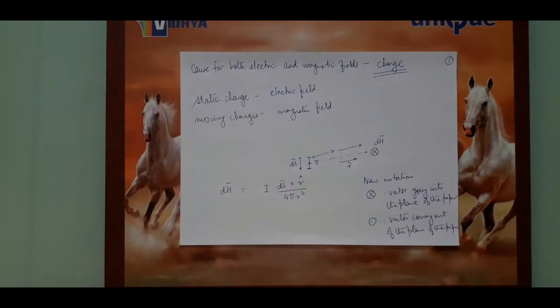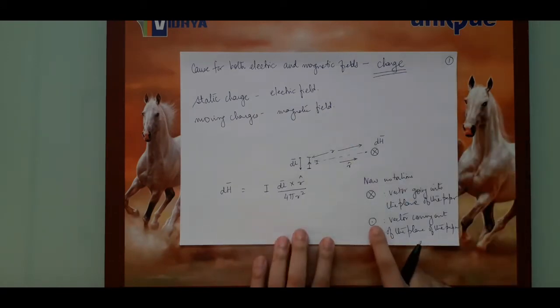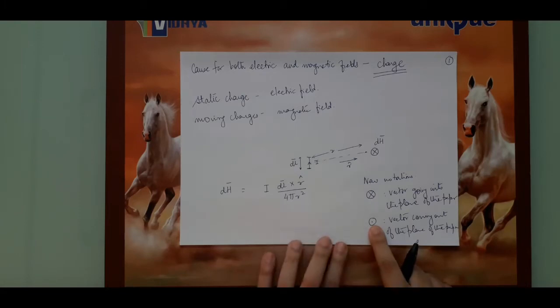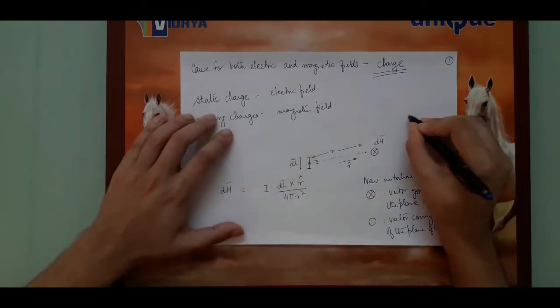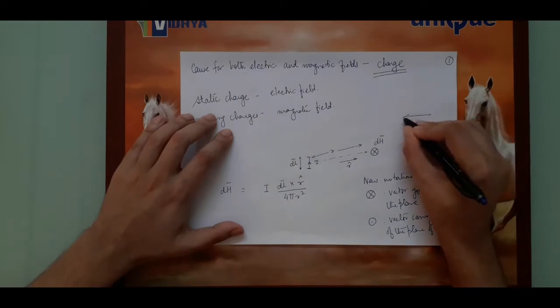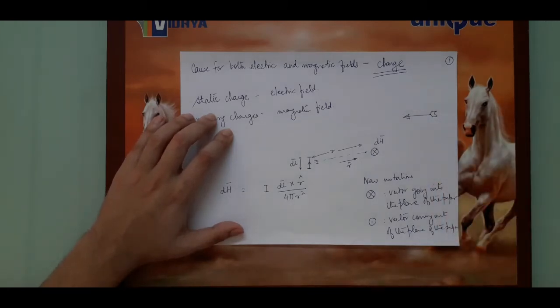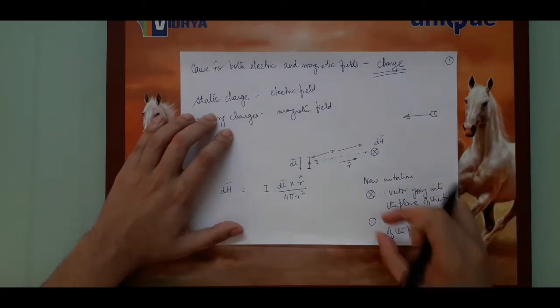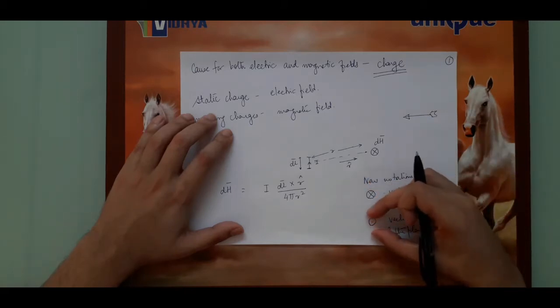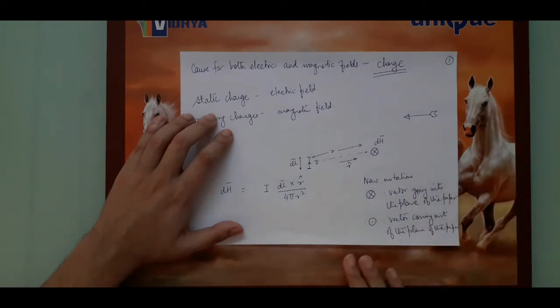A very easy way to remember this is to think of an arrow coming towards you. An arrow coming towards you would probably look like a point, and an arrow going away from you would look like this because of the end of the arrow, the arrow that is actually used as a weapon. The bigger the radius of these circles, the more the magnitude; the smaller the size of the circles, the smaller the magnitude of the vector. So this is something that we use.